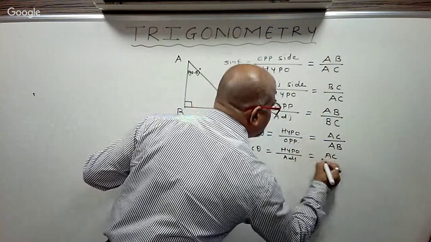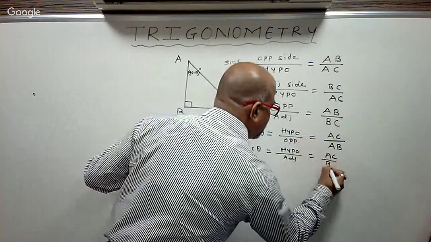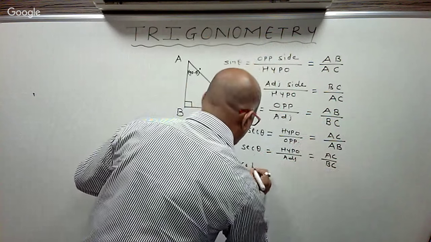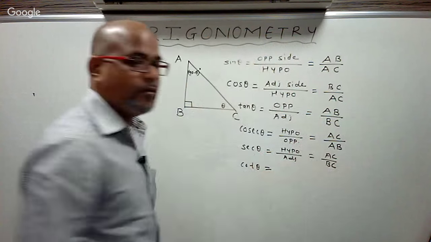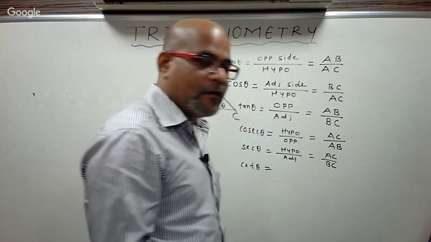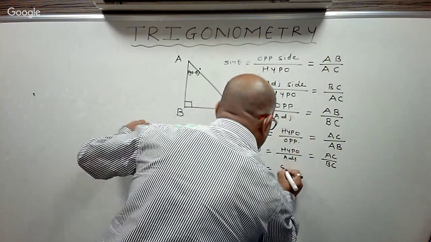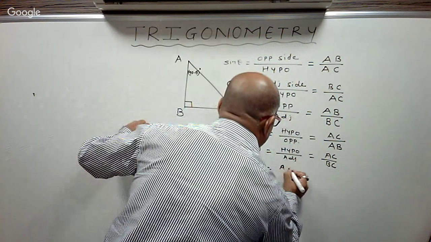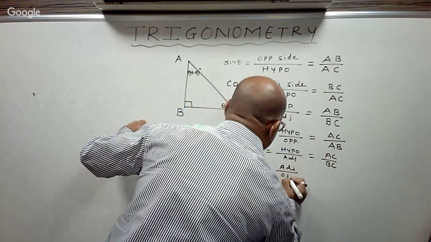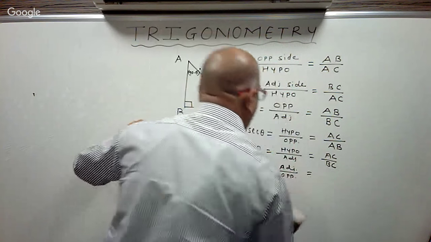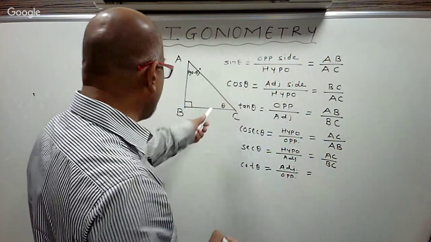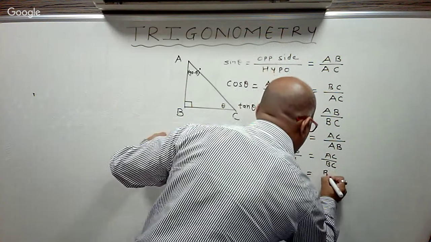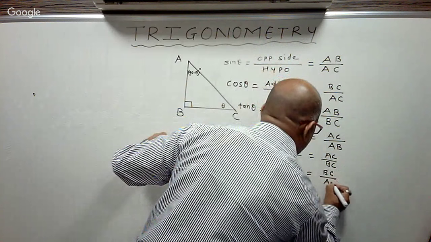Hypotenuse is AC, adjacent side is BC. Then cot theta. The formula for cot theta is adjacent side upon opposite side. The side adjacent to angle theta is BC and opposite is AB.